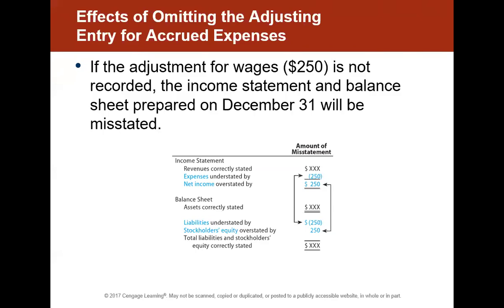This is only $250, but think of a major company, those wages could be a lot more, 10 times, 20 times, whatever. So what may only look like $250, what if it was $200,000? Maybe not that much, but you get the point, it could be a big issue that we're overstating our income.